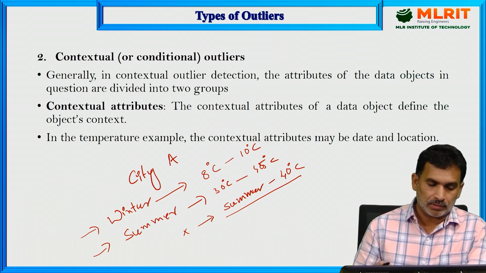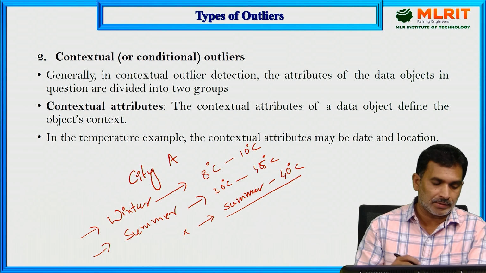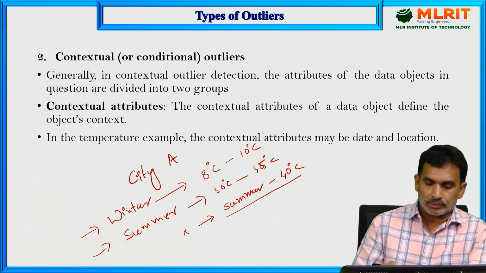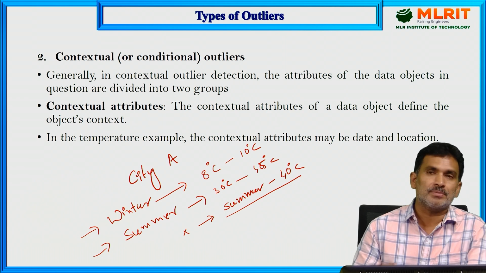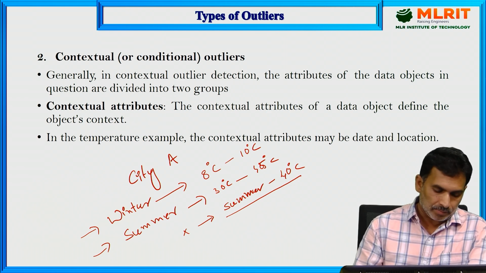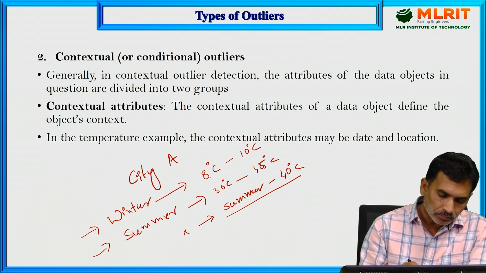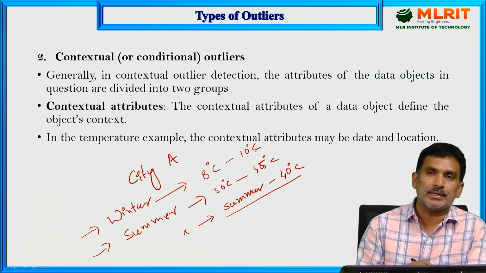They are contextual because they depend on the contextual attributes and also the behavioral attributes. The contextual attributes of the data objects define the object's context. Here the winter temperatures are like 8 to 10 degrees.